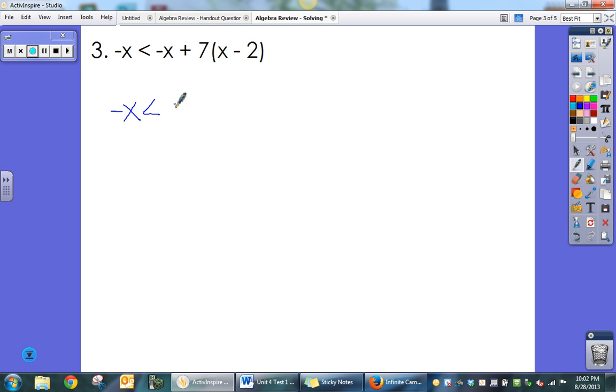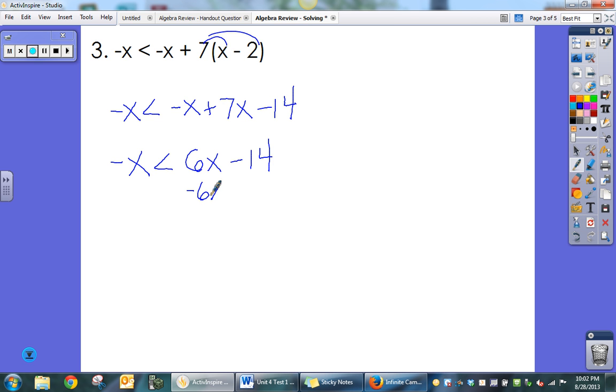Continuing, following order of operations, I'm going to distribute my 7, so 7x minus 14. Combine like terms, I've got positive 6x minus 14, and then I'm going to subtract 6x from both sides. I get negative 7x is less than negative 14.